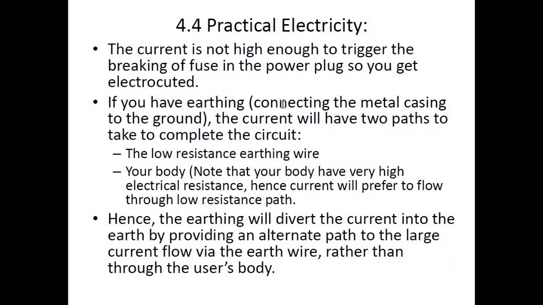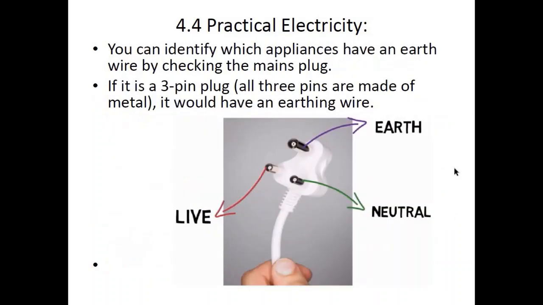By default, the current would always choose the path that has the lowest resistance in order to flow. Hence you will not get electrocuted. No current would pass through your body, but all the current would go towards the earthing wire and directly to the ground. Hence you would be saved, and there would be no incidence of electrocution or electric shock.